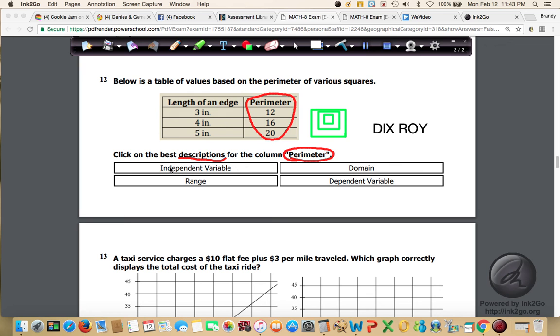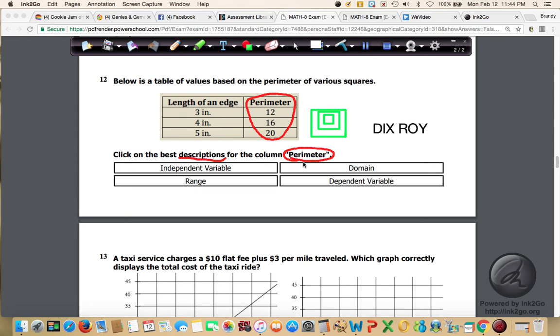Remember, independent variables are things you can control. What could I control up here? What was I creating? Dependent is what happens after I do this controlling thing. Think about domain and range. One is X, one is Y, and that way you'll know your independent and dependent variable. I'm only looking for a perimeter.